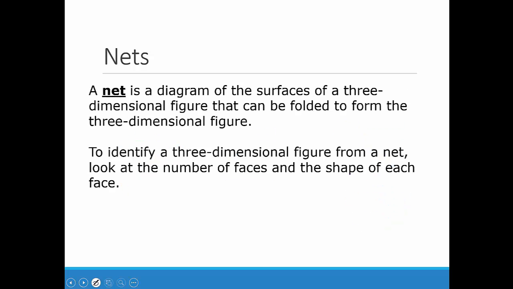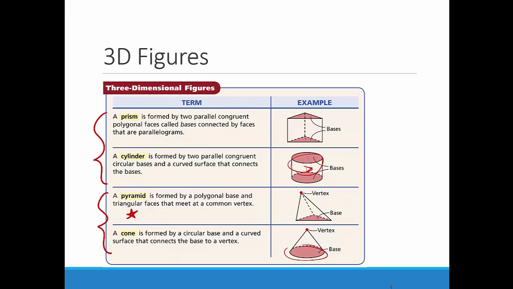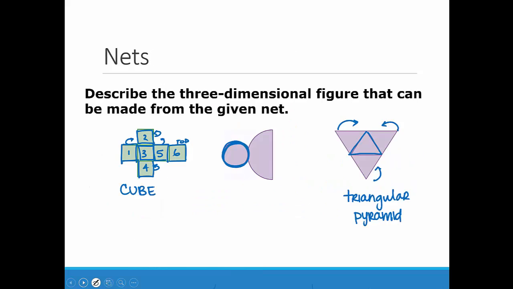So if we go back to our shapes, there's only 2 with circular bases, a cylinder or a cone. So it doesn't look like we have something that wraps all the way around, so we have to have a cone here. And if this part touches this part here, like if we make this touch, this is eventually going to come to a nice pointy vertex in the center.